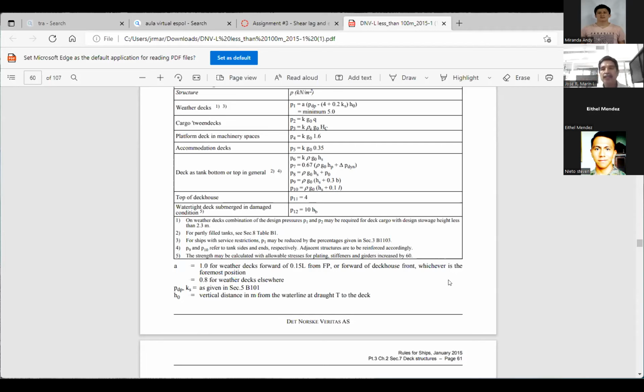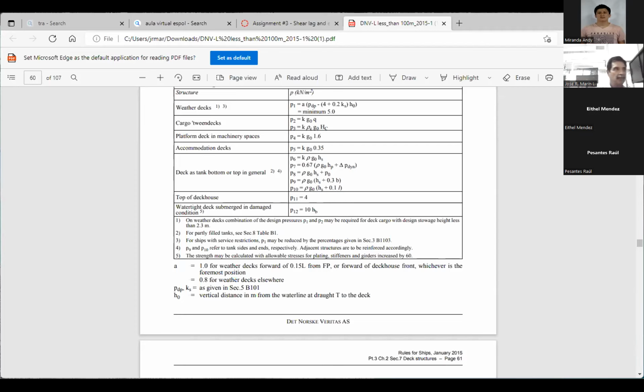Okay, so question for everybody again. What value are you going to use for A to calculate the pressure? Come on. It is 0.8. Why, Mr. Pesantes? I agree with you, but why?